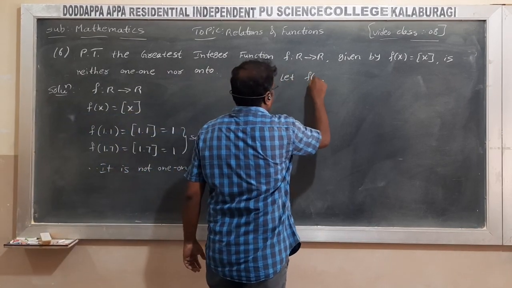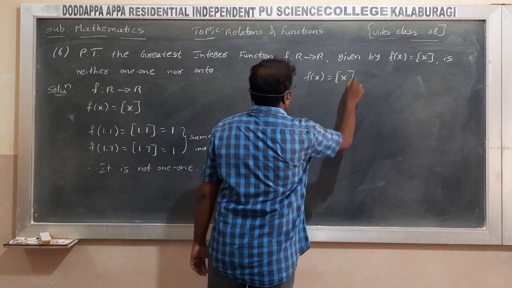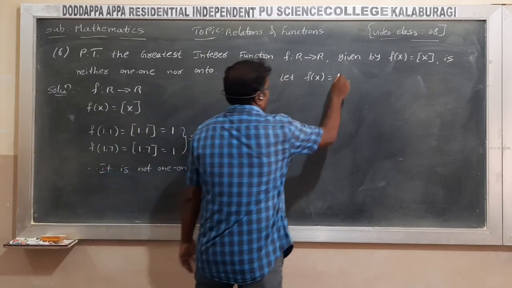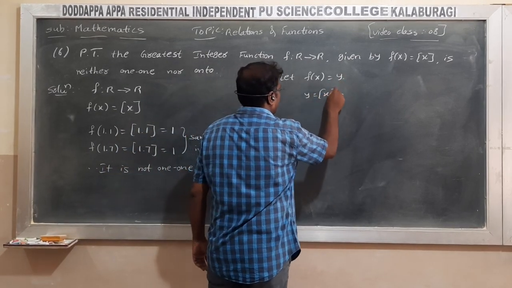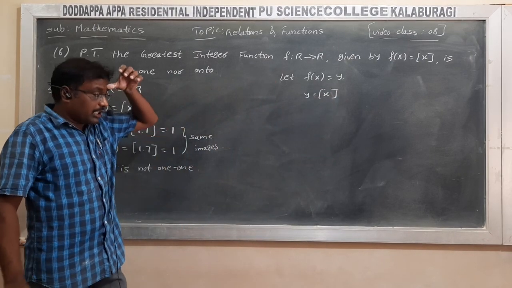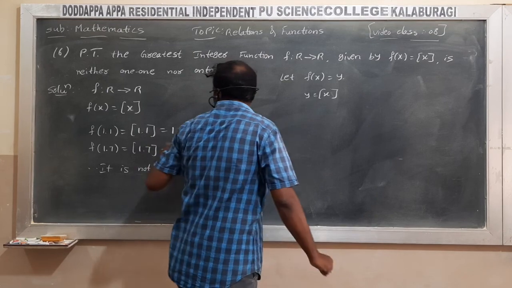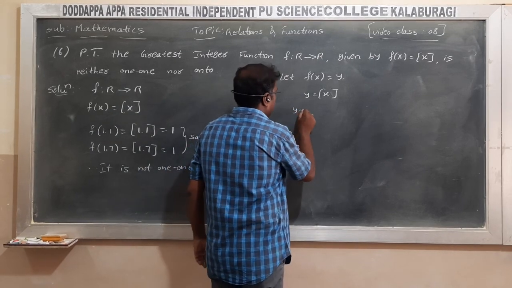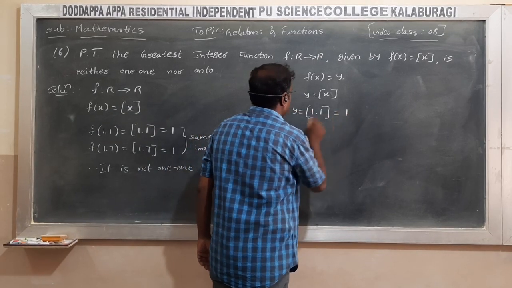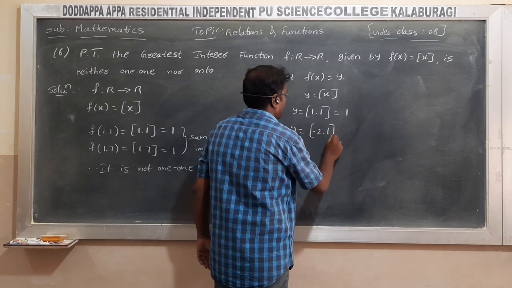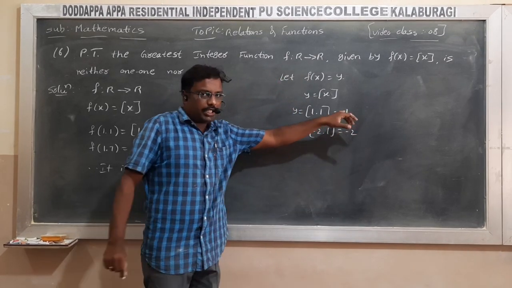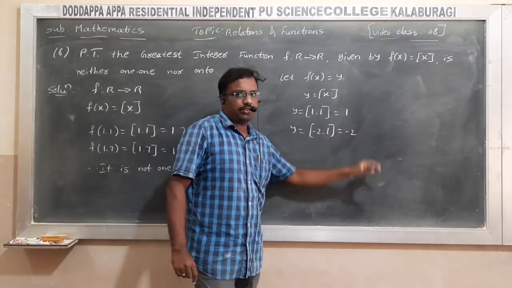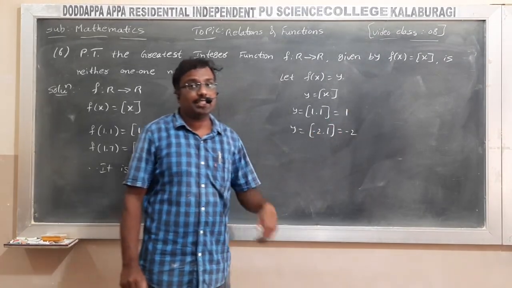Next, second, let f of x be equal to y, but y is equal to step of x. Here you can observe that if you put 1.5, again we get 1. If y is equal to 1.1, the value is 1. If you put minus 2.1, we get minus 3. So here only integers will come, positive and negative.